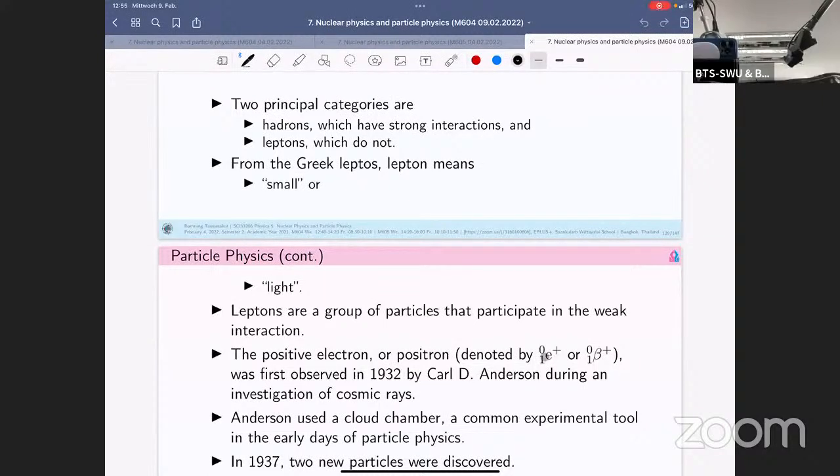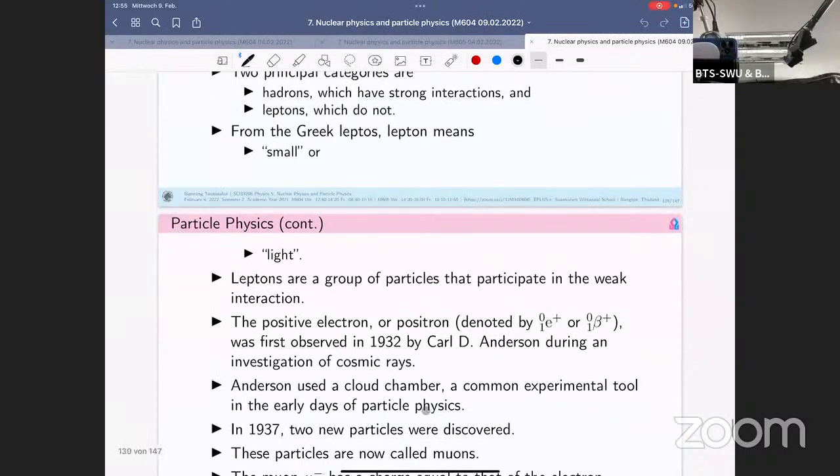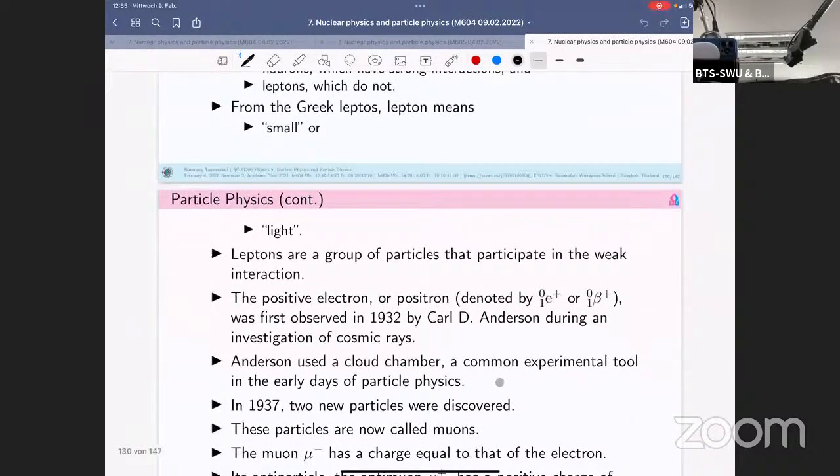Another type is written as the beta particle. It was first observed in 1932 by Carl D. Anderson during his investigation of cosmic rays. Anderson used the cloud chamber, which was a common experimental tool at that time for particle physics.